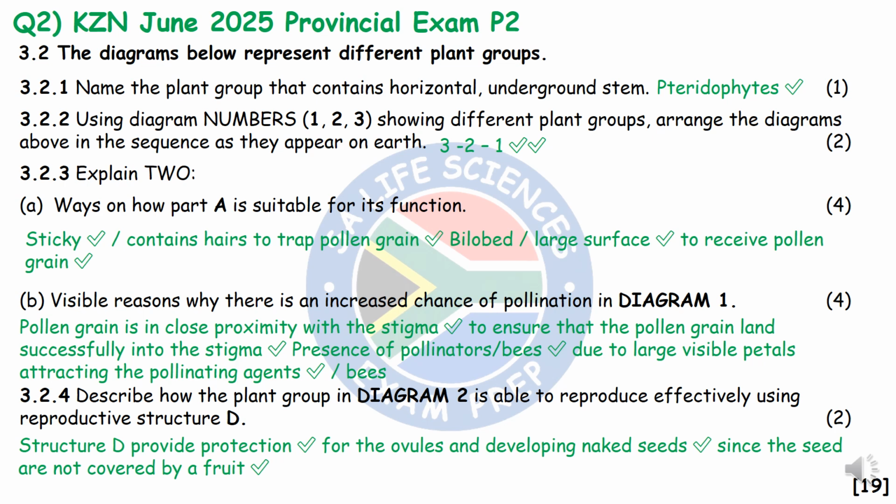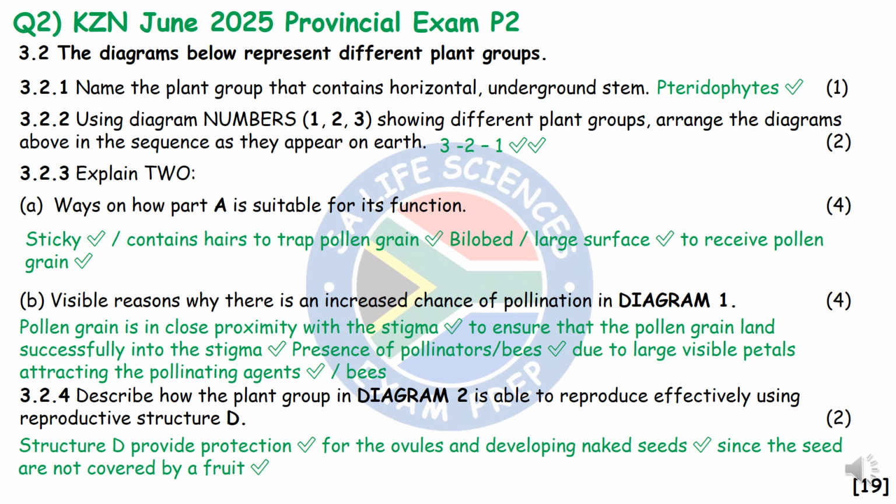So mark number 1, we have to say that the stigma is sticky. This means that we can say that it contains hairs to trap the pollen grain. We can see that it is a lobed or large surface to receive the pollen grain.